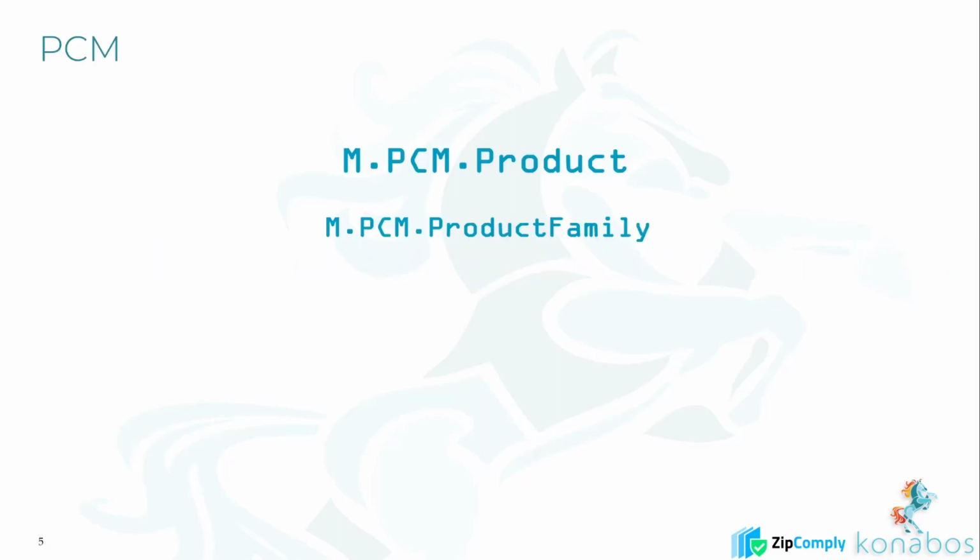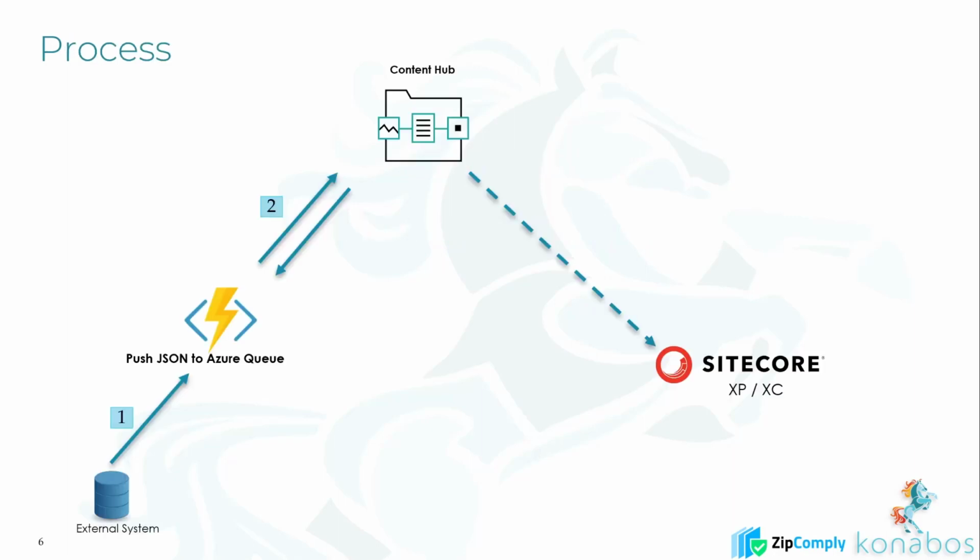So you're dealing with m.pcm.product and the product family, along with assets or any CMP data you're trying to associate with the product. When we looked at this last time, we looked at pulling products from an external system, your existing PIM, or whichever system you maintain your products in, the raw values, and pushing them through the Azure queues to Content Hub, where we are hydrating the product with more information, enriching the data, content which can be shown on different channels.